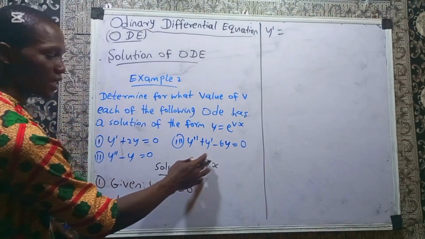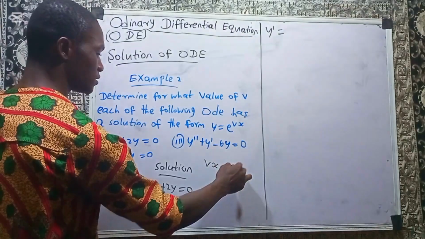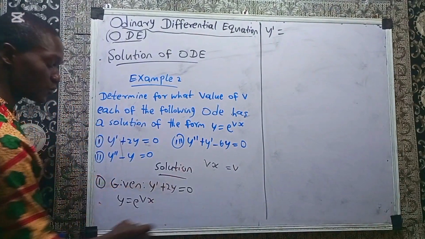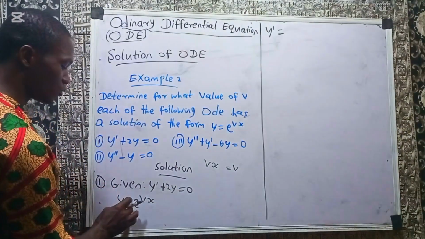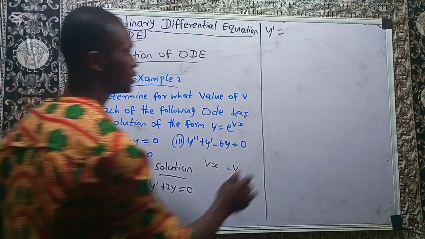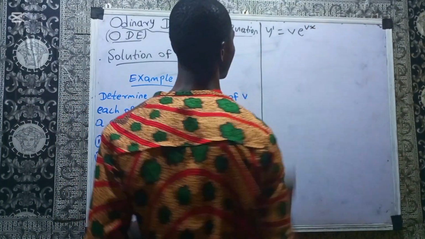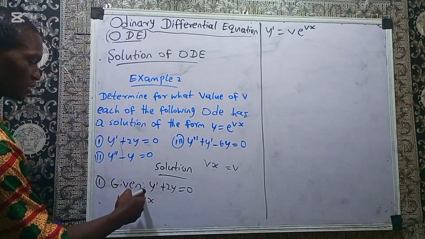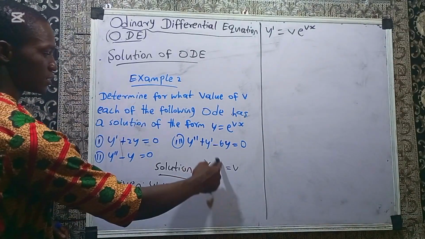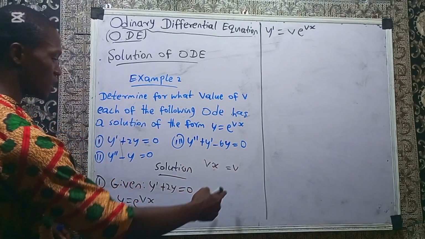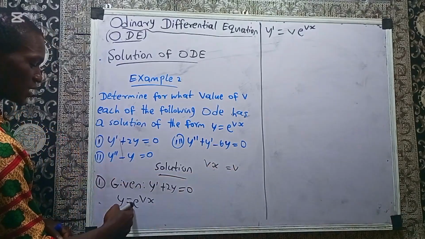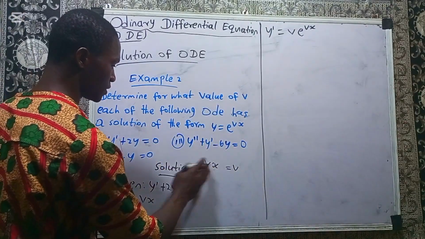So if you differentiate vx, you get v, and use the v to multiply the exponential. So you have v exponential vx, right? That's what I have written down there.